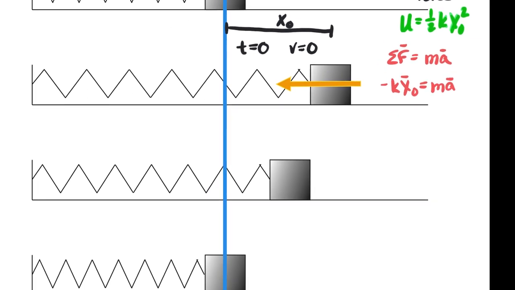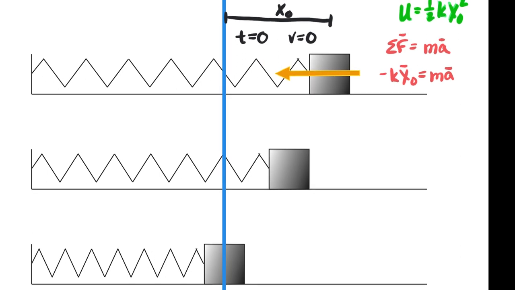So, we release the box. The spring pulls on the box to the left. X naught is as big as X is going to get. So after a few moments, this becomes minus kx, which x represents whatever this distance is, something less than x naught. And that's going to equal ma. Because x is smaller, our force acting on the box is less. Right?